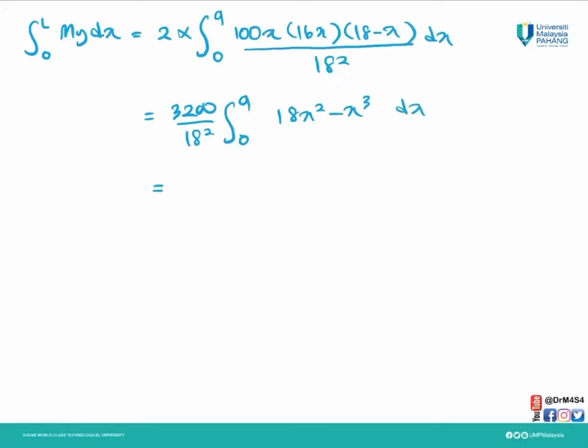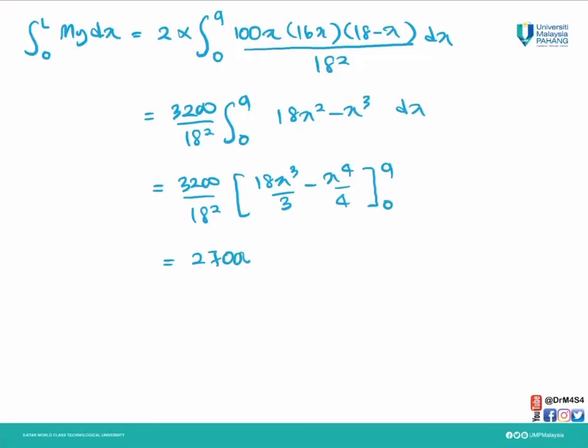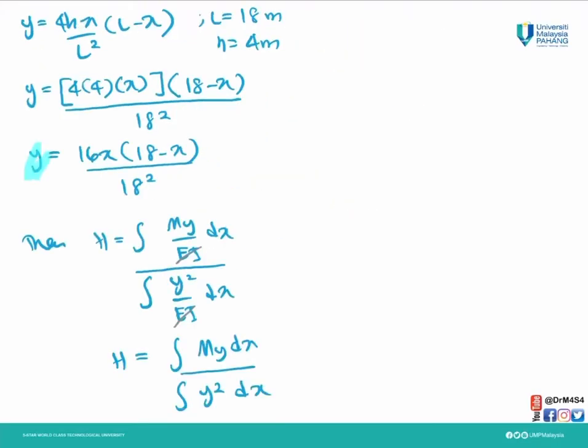You have to integrate that and it becomes 18 x power of 3 divided by 3 minus x power of 4 divided by 4, between 0 to 9 meter. So we get the value for the integration of my dx between 0 to L, 27,000 kilonewton meter cube.